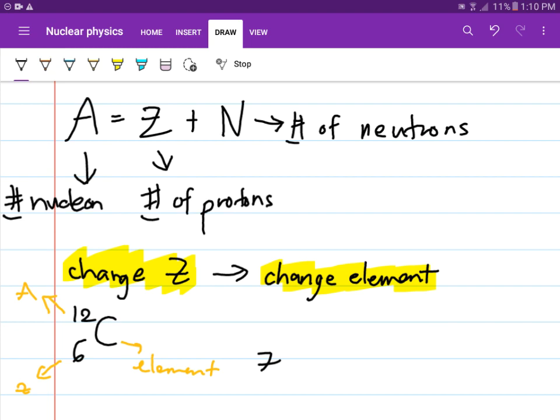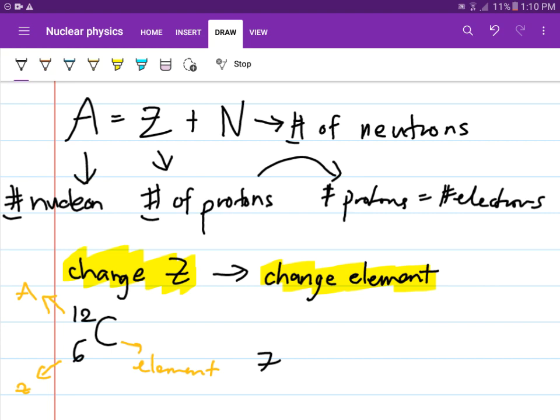For a neutral atom, of course, the number of protons should be equal to the number of electrons. So if you increase Z, that would also increase the number of electrons.